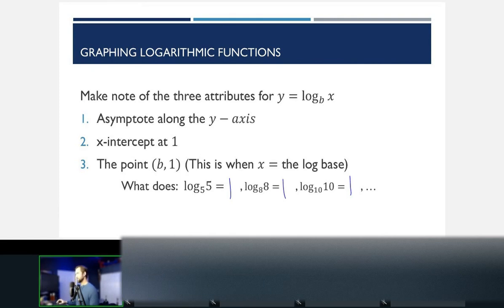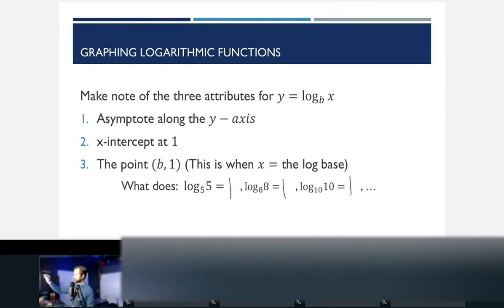Another way to look at this that I haven't talked about, and I probably will later this week, 5 to the first power equals 5. 8 to the first power equals 8. 10 to the first power equals 10. Let me do another little example, kind of give you a little preview later this week.